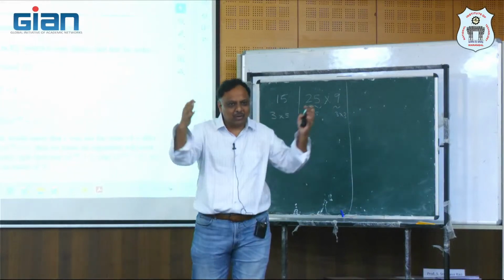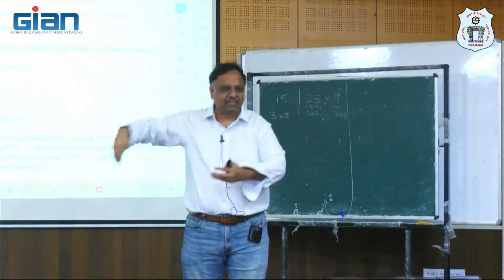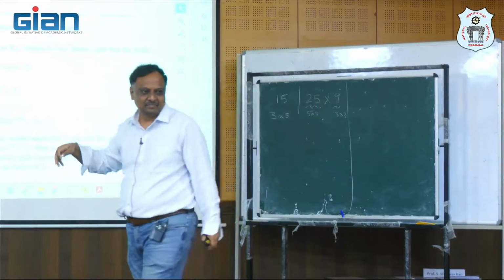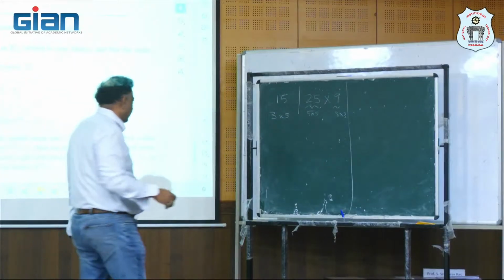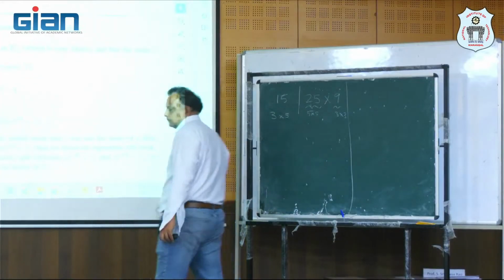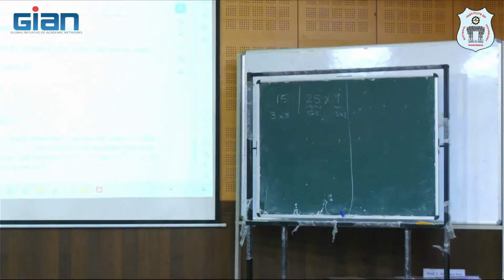Once the factors are splitting, a non-trivial GCD is there, and you find the factor. Agreed? Any questions?